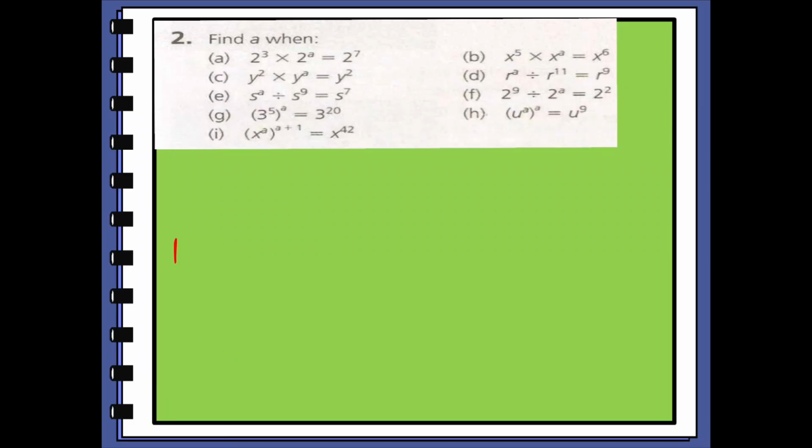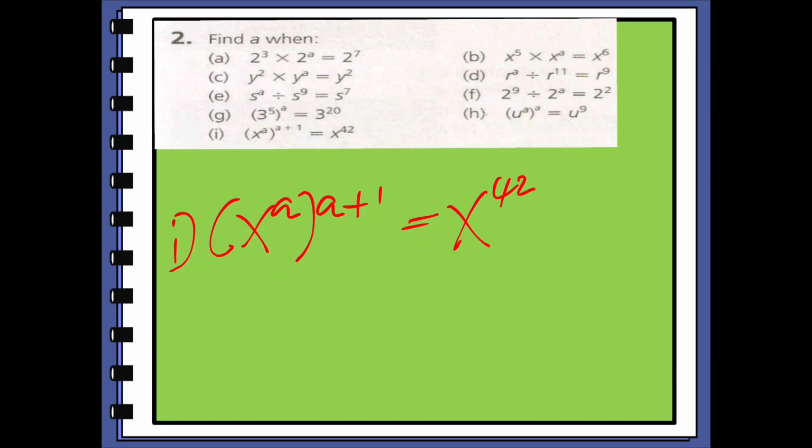Okay, so on i, we've got x power a, then a plus 1 equals x power 42. So let's work out the brackets. What is a times a? That should give us a squared. Then remember there's plus 1 next to that a.